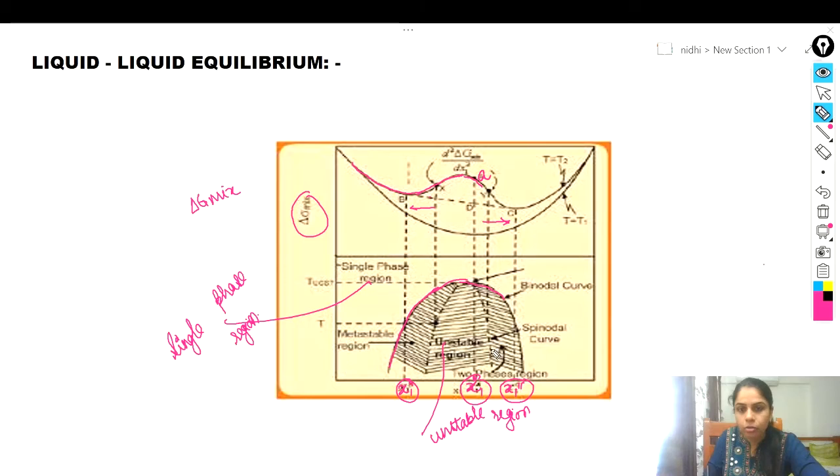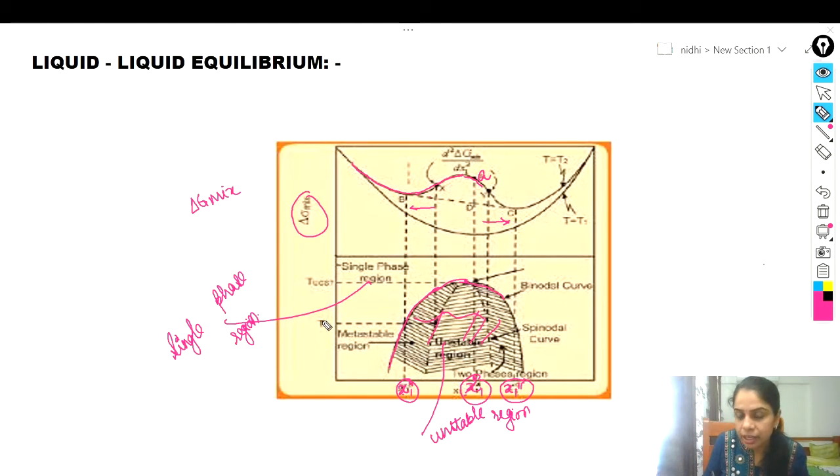Now let's talk about this graph. I am showing temperature on the y-axis, and on the x-axis, you know, the composition. So I am showing a temperature versus x1 dash or x2 dash graph.